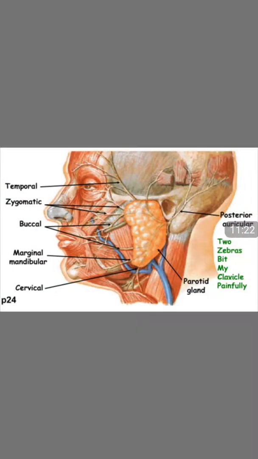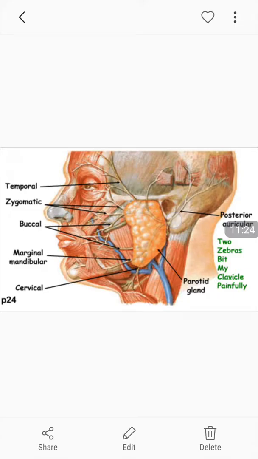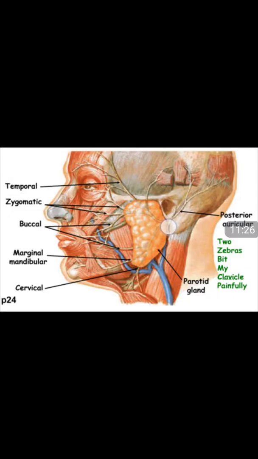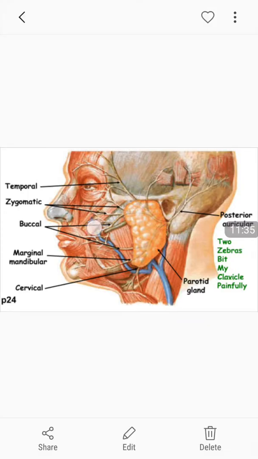So this was a bit brief about this. Look at this thing. This is the facial nerve. The facial nerve, after coming out of the stylomastoid foramen, actually divides into five branches, which supply the muscles of the face. Here you can see.